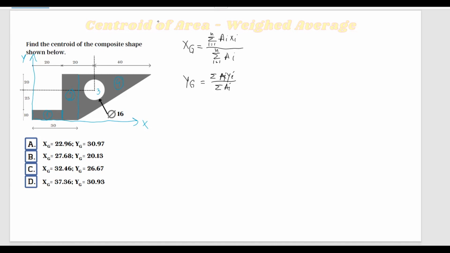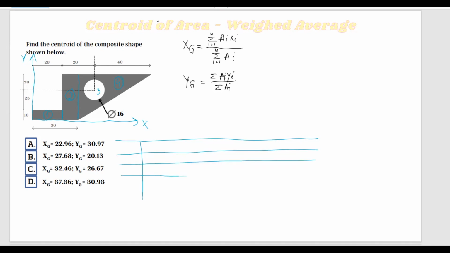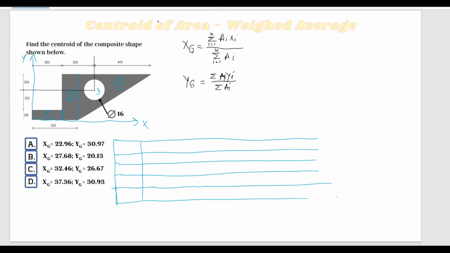The best way to calculate the centroid of this shape is to build a table. We'll build our table over here. I have 4 shapes, so I'm going to draw 4 lines here. This is the shape column, and I have 1, 2, 3, 4.